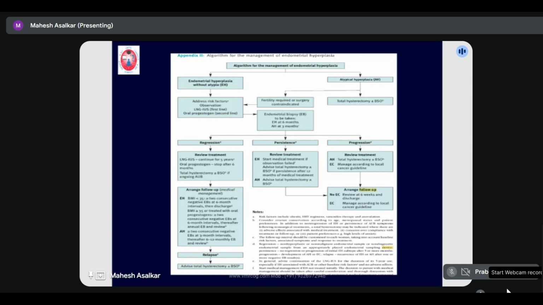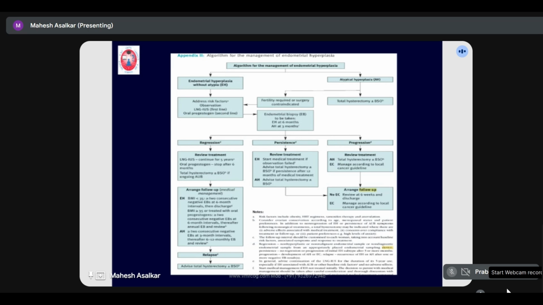If it is oral progestogen, we will stop the treatment after 6 months. And if the patient is having ongoing AUB, in that case total hysterectomy, SOS BSO, not all cases BSO. If she is postmenopausal, we will go ahead with the BSO. Premenopausal, we have to individualize the case.